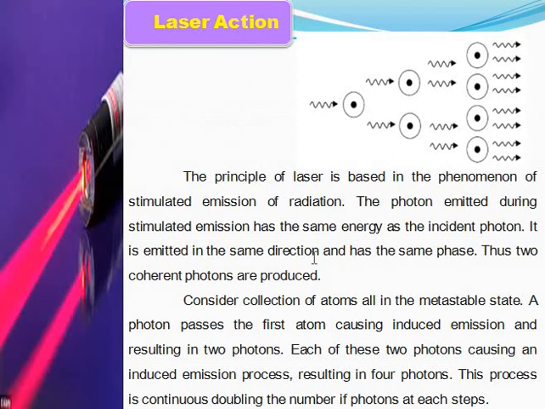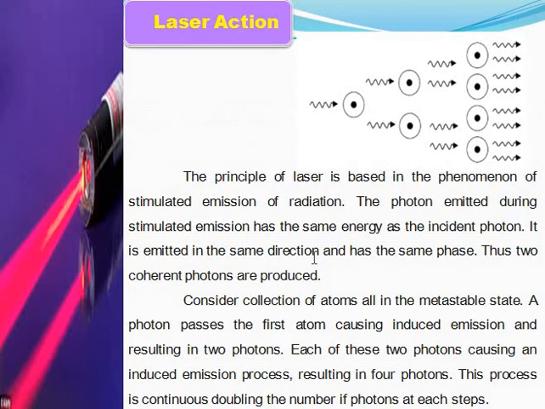One more point I would like to mention here, dear students, that is the conditions for laser action. In order to obtain laser light, what are the conditions? First, at least a pair of energy levels E1 and E2, in which E2, the higher energy level, must be a metastable state.